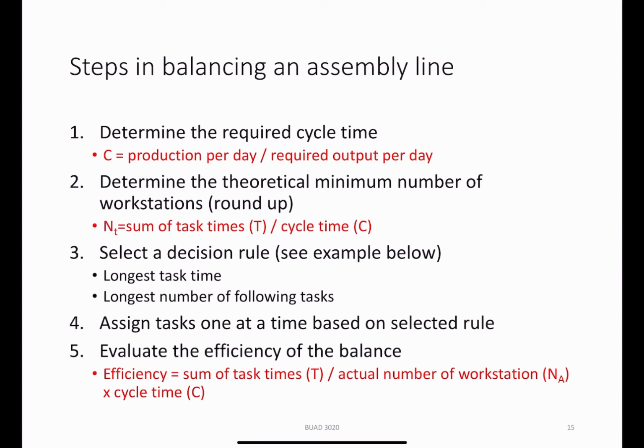Then you need to evaluate the efficiency of your balancing. And the efficiency will be the sum of the task time divided by the actual number of workstations multiplied by the cycle time. So this one tells you what will be the total work that will be required divided by what will be the total working force available to me. So basically, you know what will be the percentage workforce that are in effect.